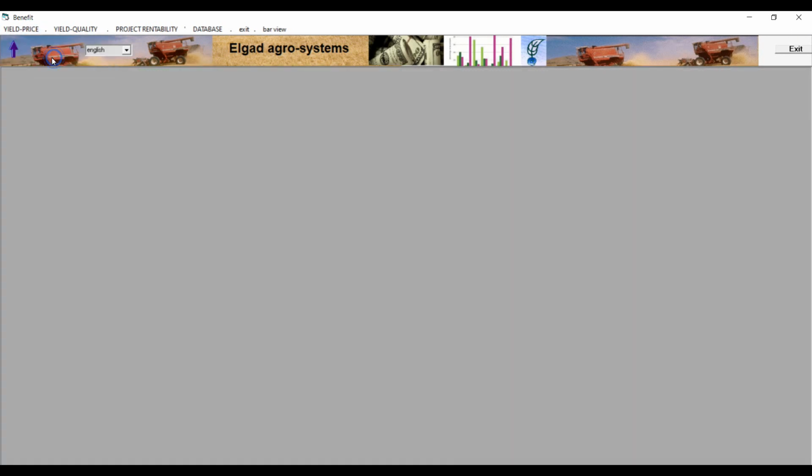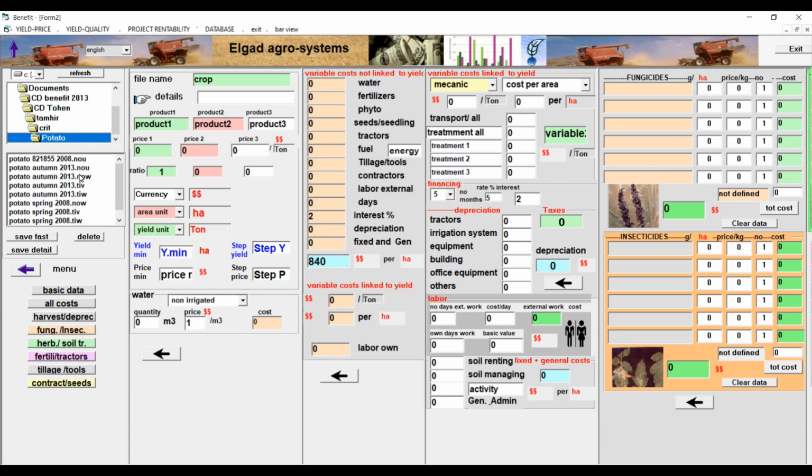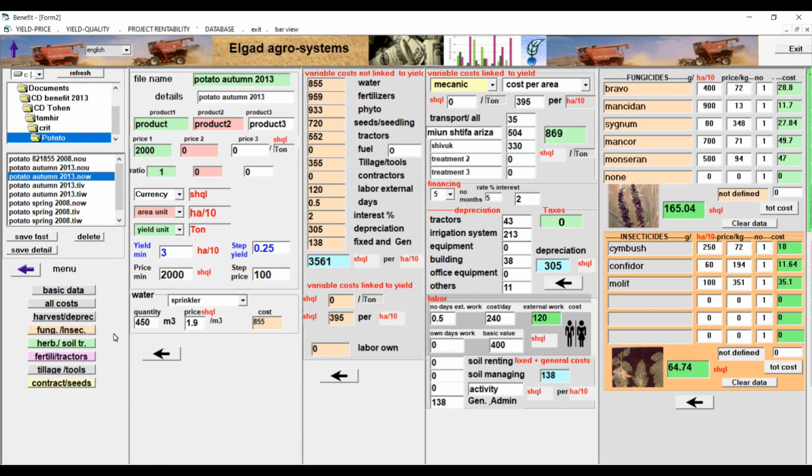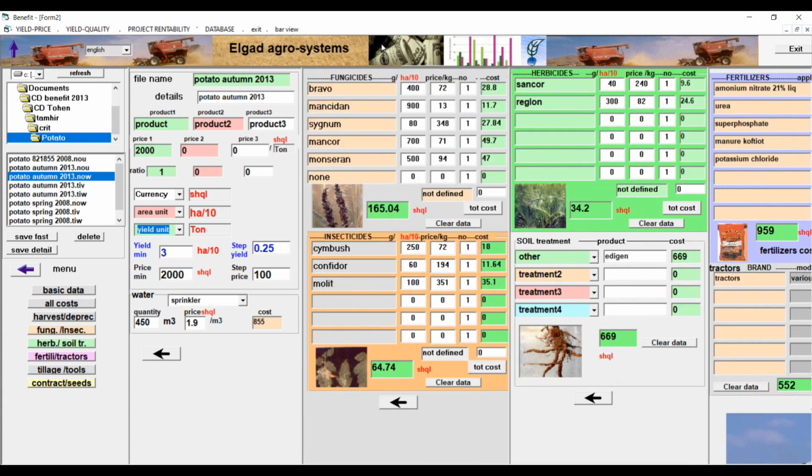Let us continue now. Let us have an example of detailed data. Let us enter, for instance, the potato. Now we have not only the basic parameters that we have decided about, the currency, the unit, the product, the price, the steps, but also the different costs of water, fertilizer, plant protection, and so on. But these are coming from the details that we shall see soon.